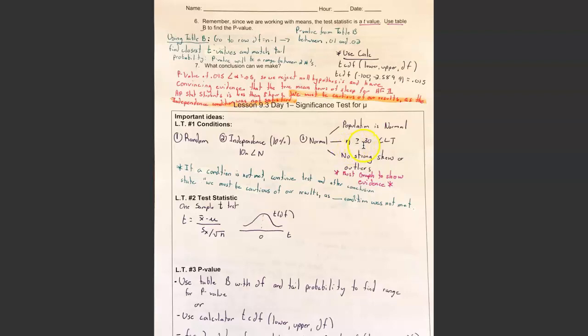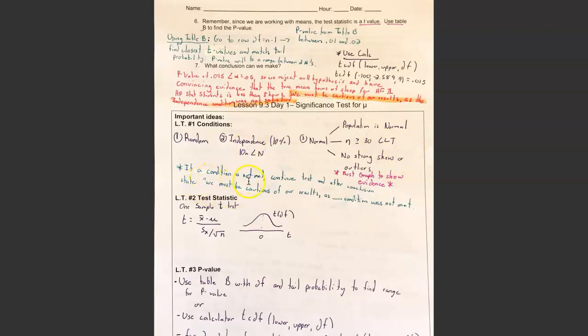If your sample size is greater than or equal to 30, we can state it's normal. But if neither of these are met, we will plot our sample data. You must show whether it's a dot plot, a box and whisker plot, a probability plot, or a histogram. You actually have to graph your evidence, and then if there are no strong skew or outliers, you can state that it is approximately normal.